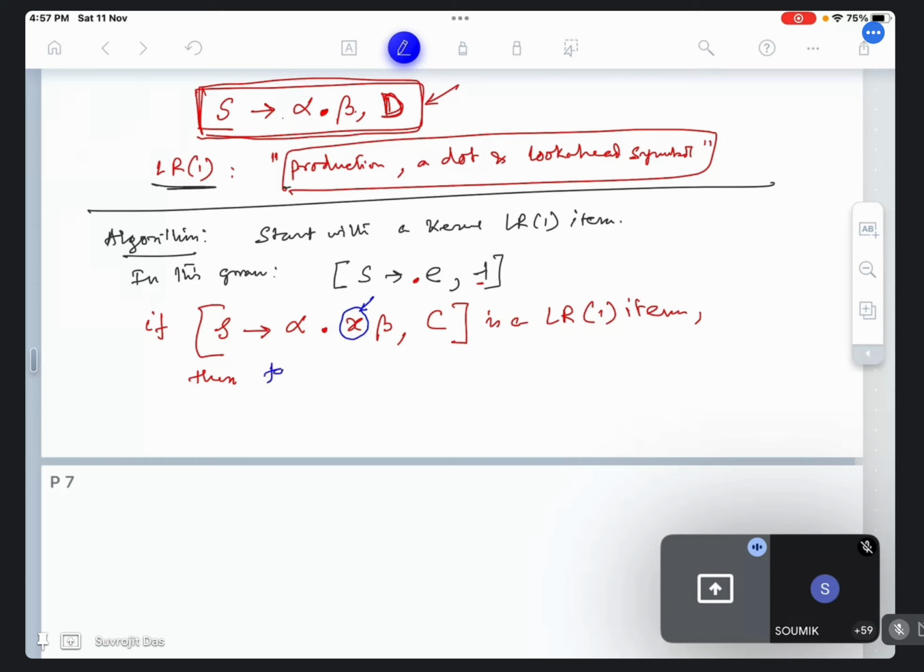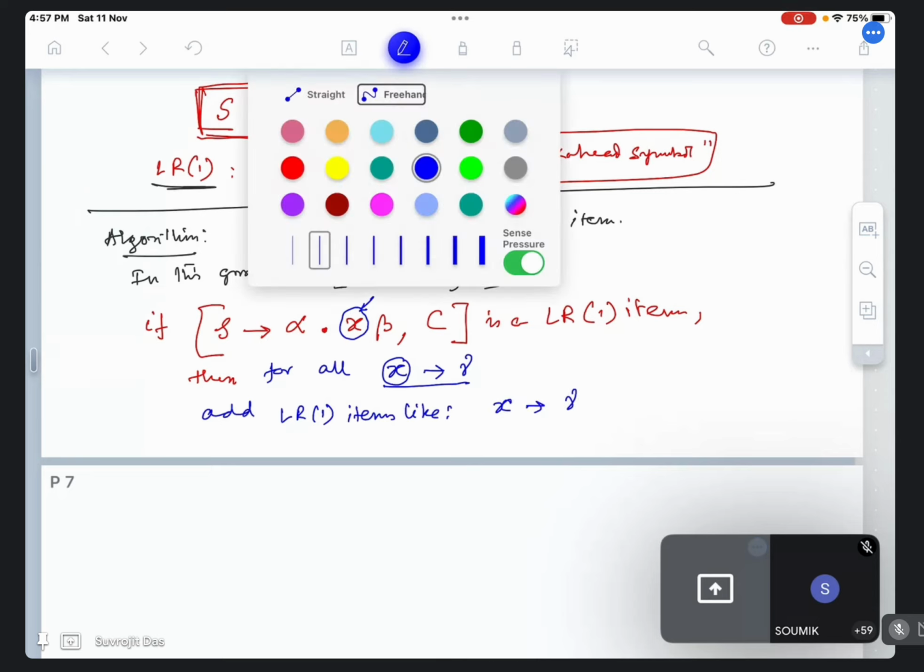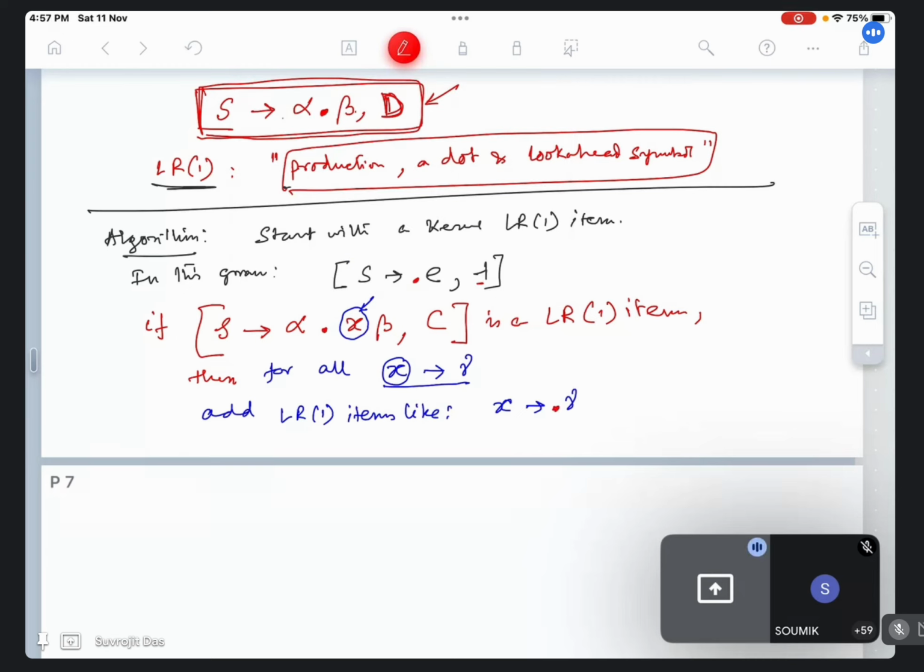So for all productions of the form X goes to gamma, so all productions where X is on the left of the production, add LR1 items like X goes to gamma dot, comma, the first of this beta followed by this C.